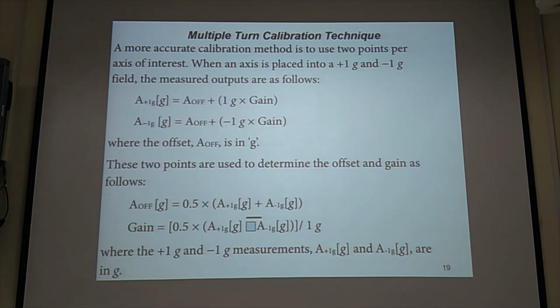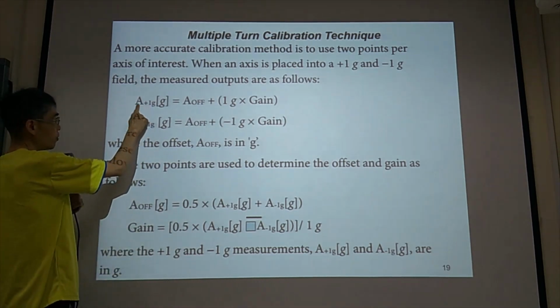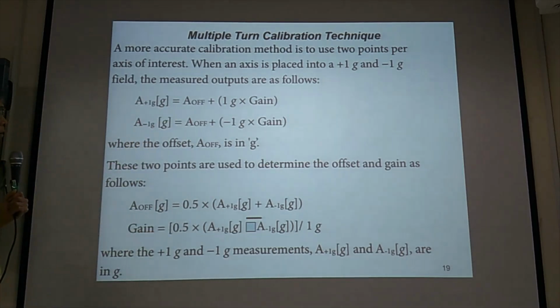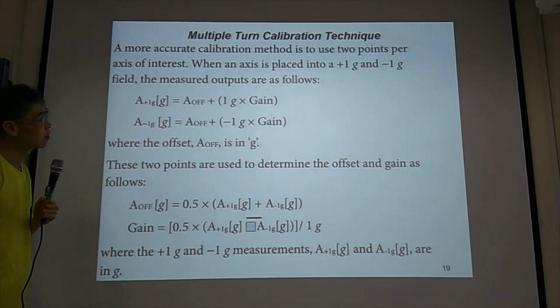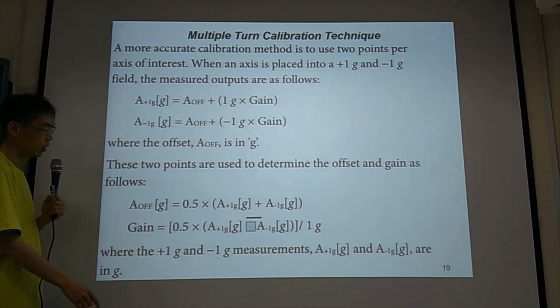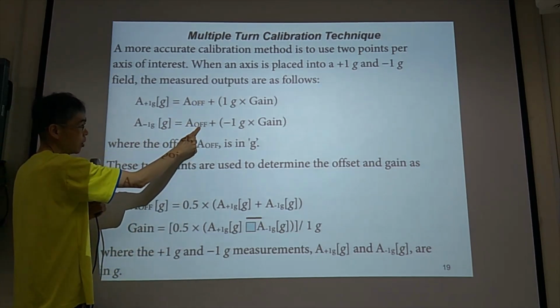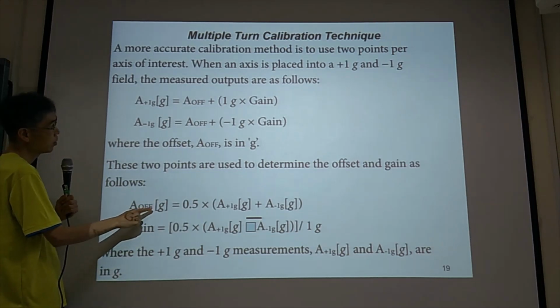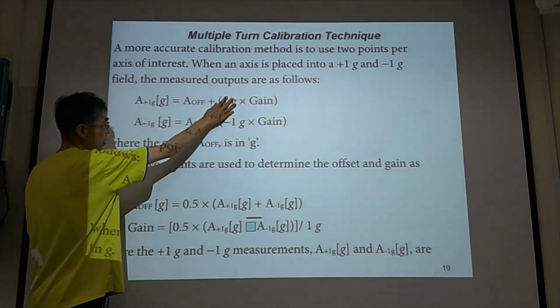Then you can do the 1G calibration, then rotate 180 degrees, and you get the minus 1G calibration. So 1G output here, minus 1G output here. Then you have two equations. Add this one and this one, and the gain terms cancel out.